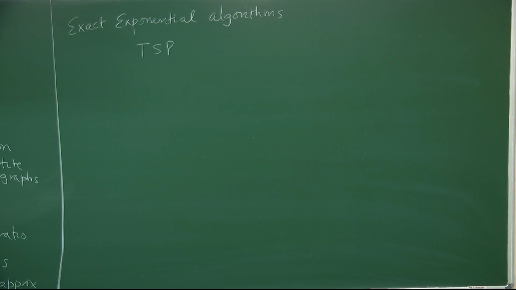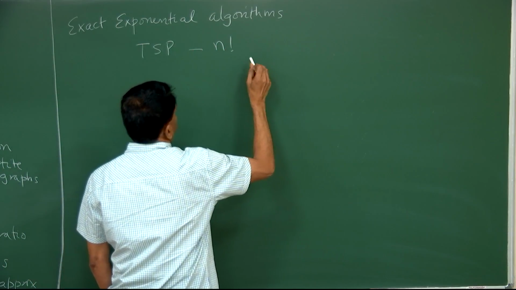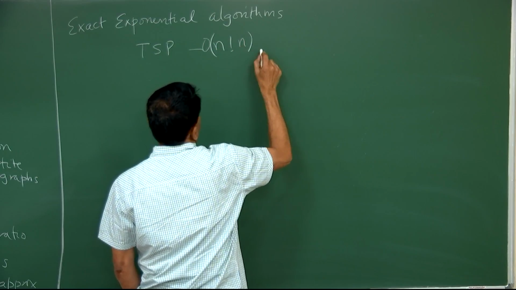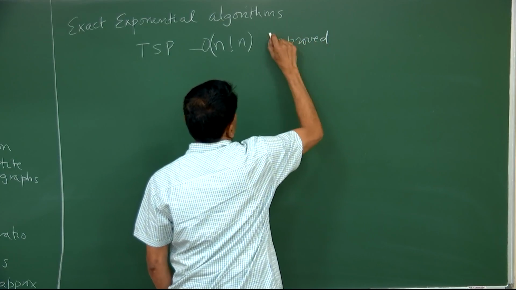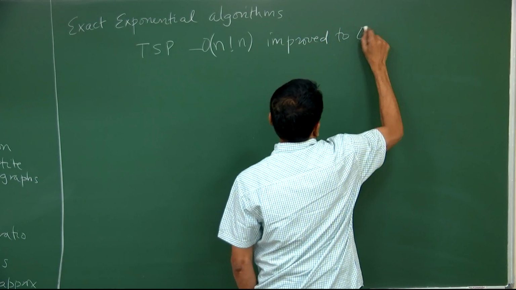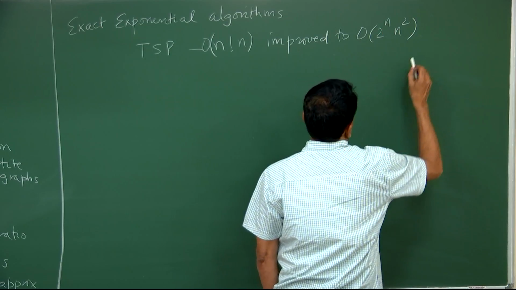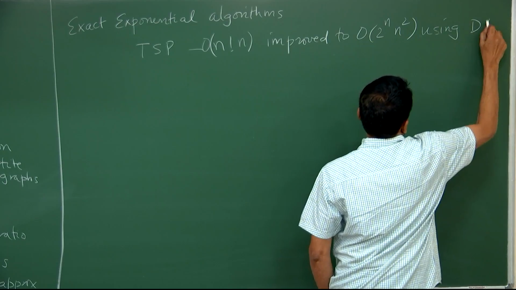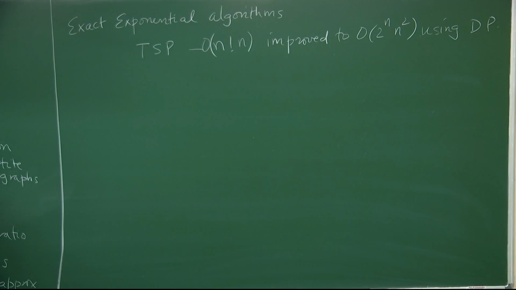That's an n factorial running time, right, order n factorial times n, that can be improved using dynamic programming.